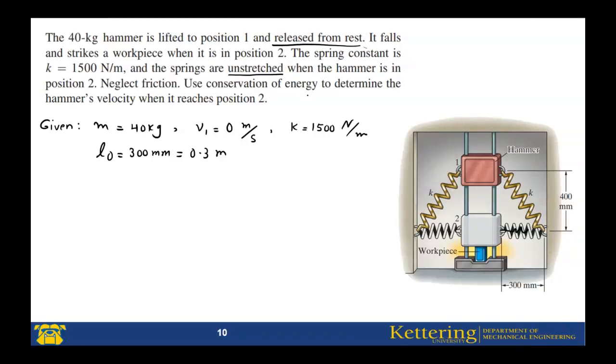We want to use the conservation of energy. If a problem mentions that you have to use conservation of energy, you have to use the same method. So for this problem, the solution will use the conservation of energy. Conservation of energy means that T1 plus V1, the potential energy at state 1 or position 1, equals T2 plus V2.